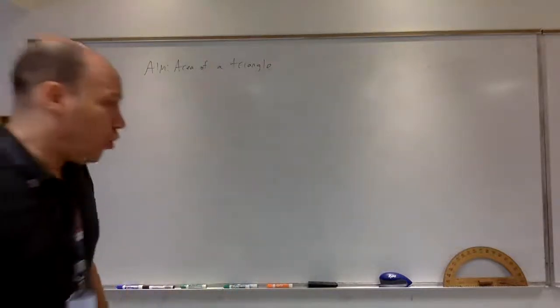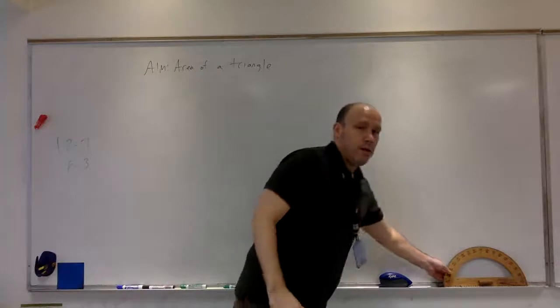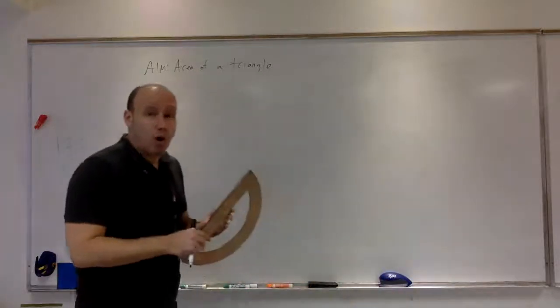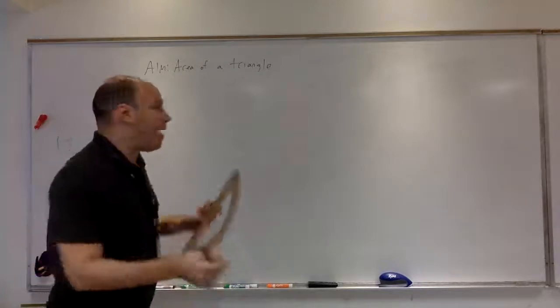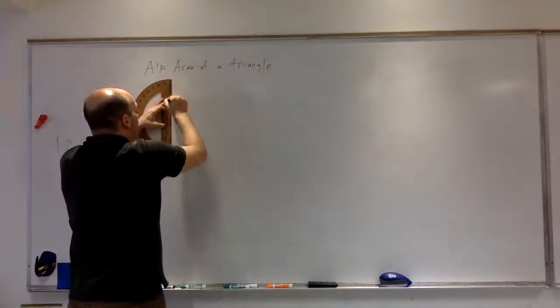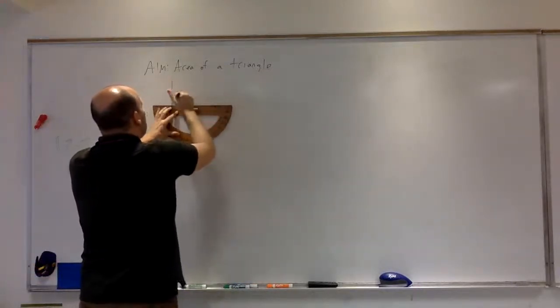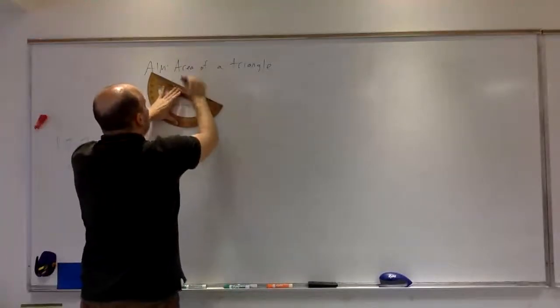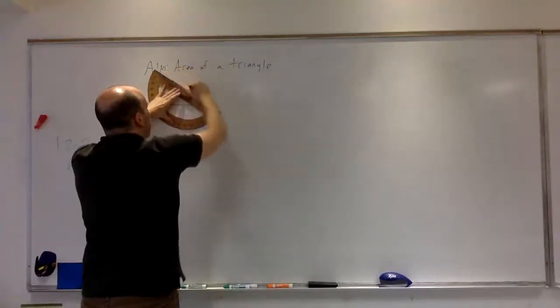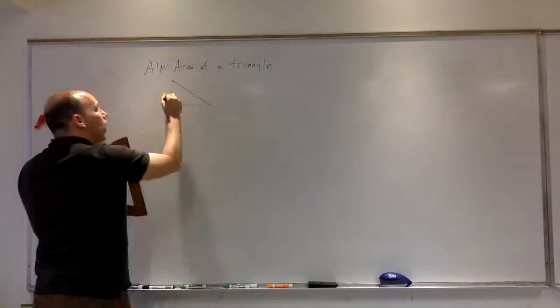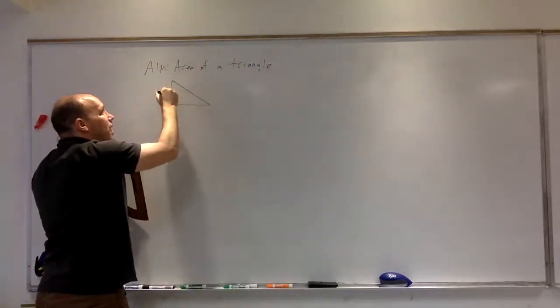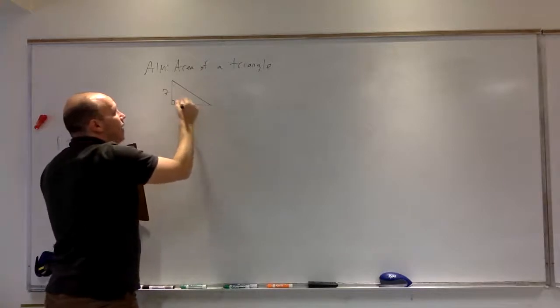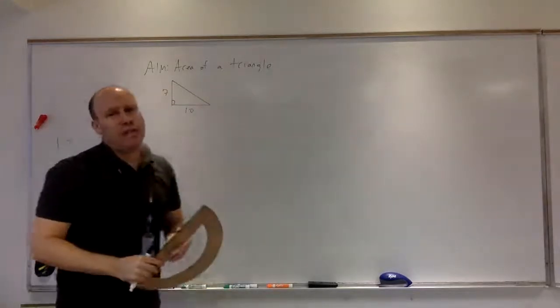Until two classes ago, the only way you could find the area was if you knew the base and the height. So you've worked with right triangles. Here's example one. Let's say here's a right triangle, and let's say the height is 7 and the base is 10, and you leave the units off.